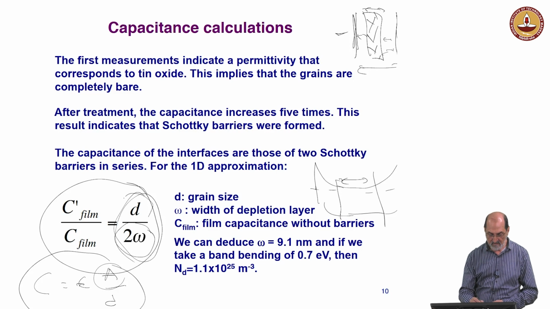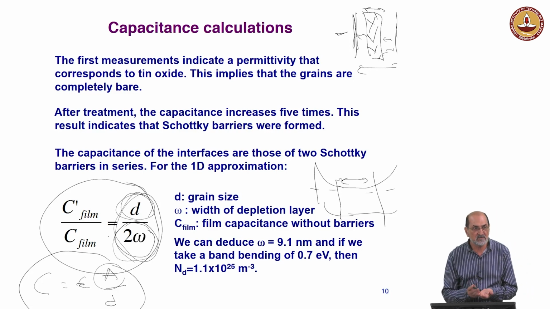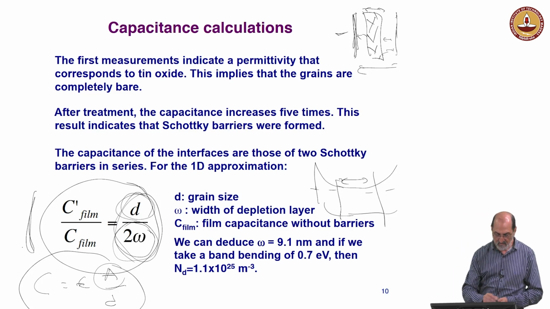This is the distance, the total grain width. And here we have what is effective when we have a region which behaves as a bulk, which since it conducts, does not contribute. All it does is reduce the effective distance between the plates of a regular capacitor. So this is the ratio.